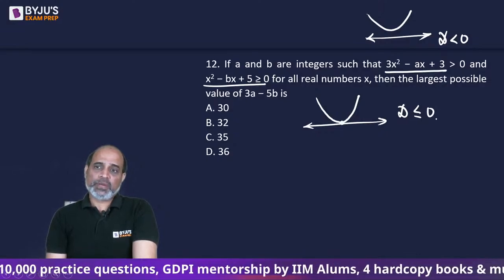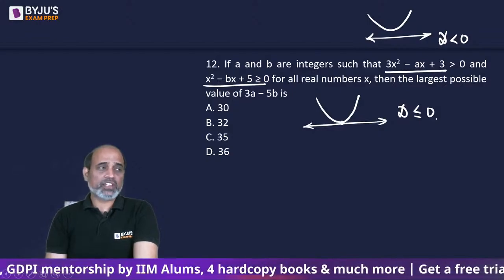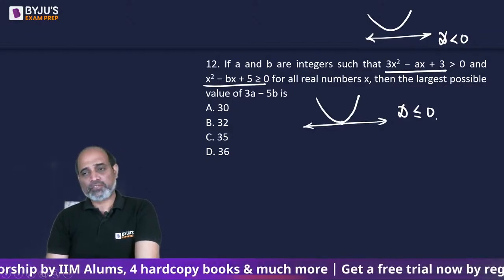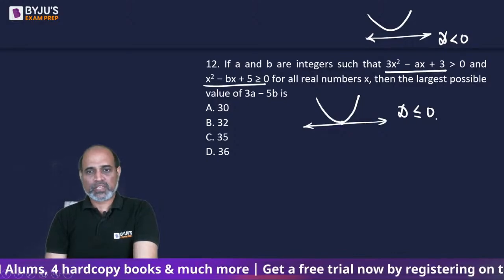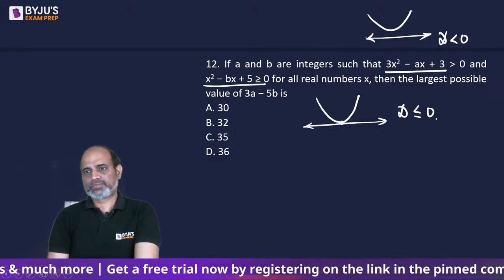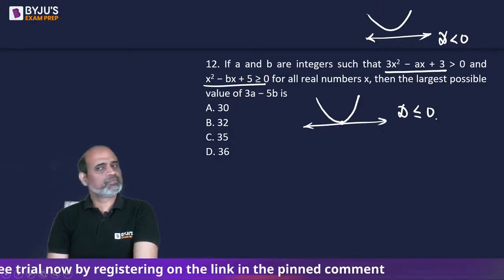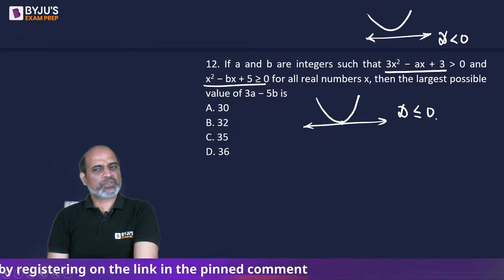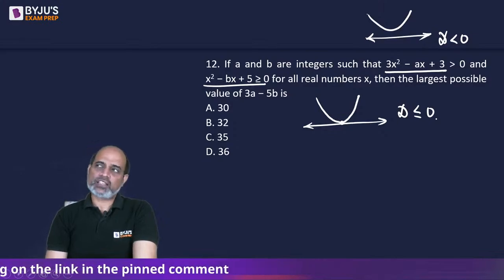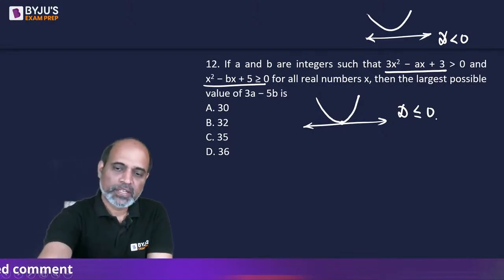So we will be getting a range in a and a range in b, and then we can find out the largest possible value. Do we have any other way to go about this? Unfortunately, I don't think so, because we are not asked the value of a or b, we are asked a combination of that. So even options will not help.